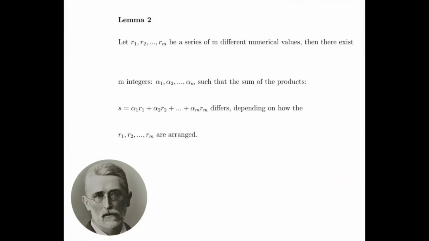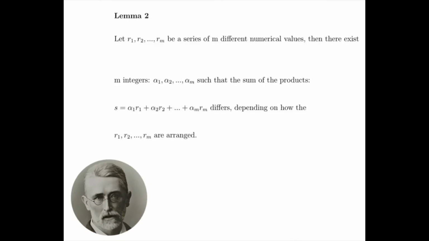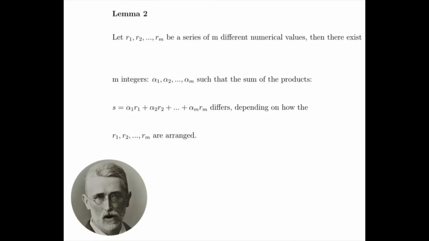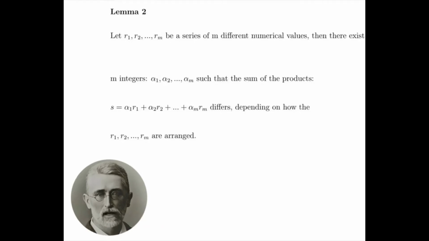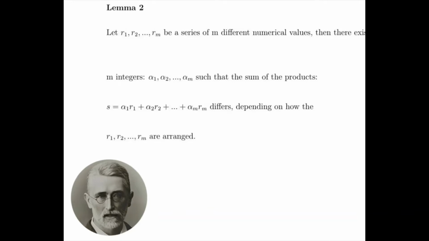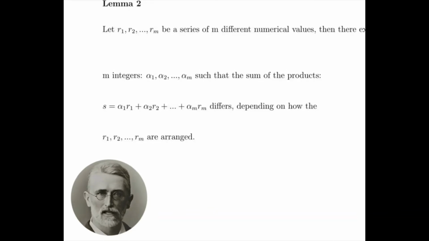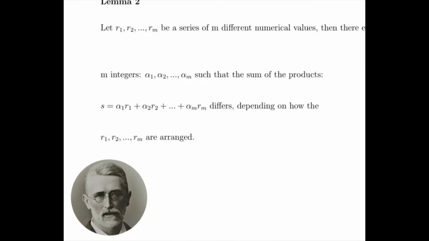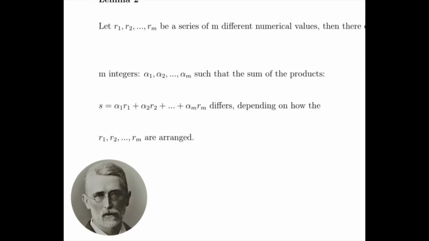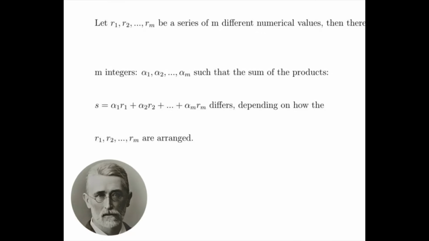Lemma 2. Denote by R1, R2, ..., Rm a series of m different, real or complex, numerical values. Then there are always m integer numbers, alpha 1, alpha 2, ..., alpha m, for which the sum of the products assumes different values, if one performs all possible permutations of the R1, R2, ..., Rm.